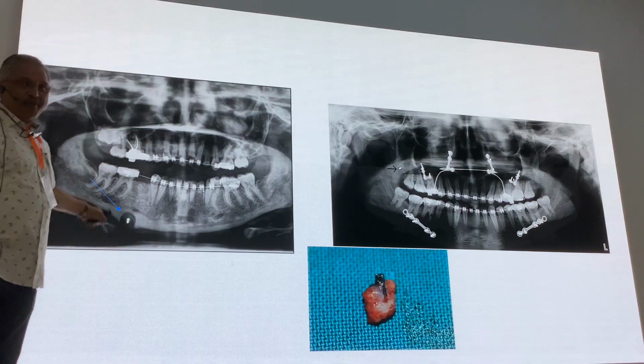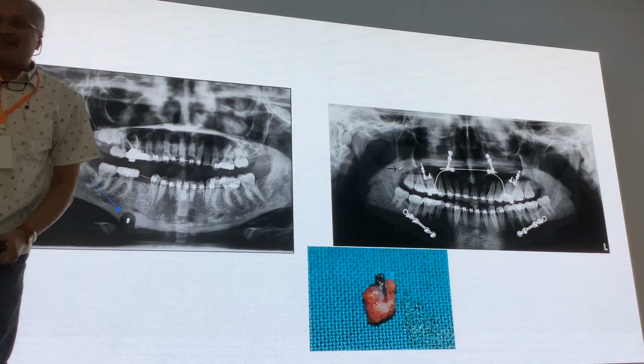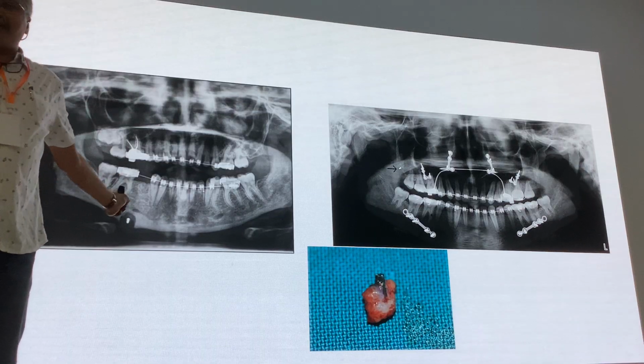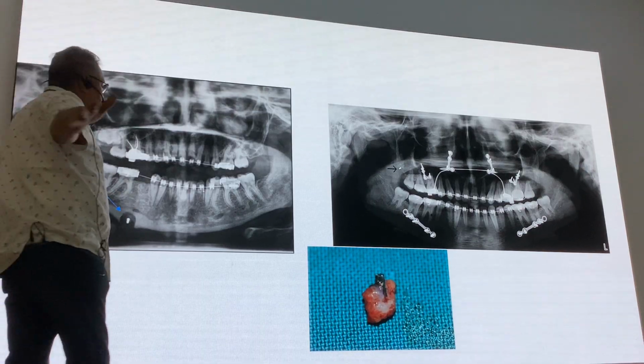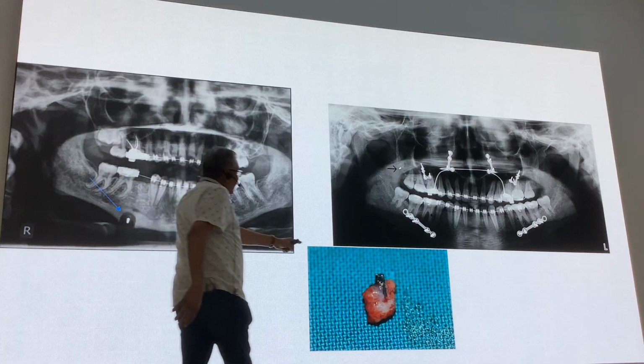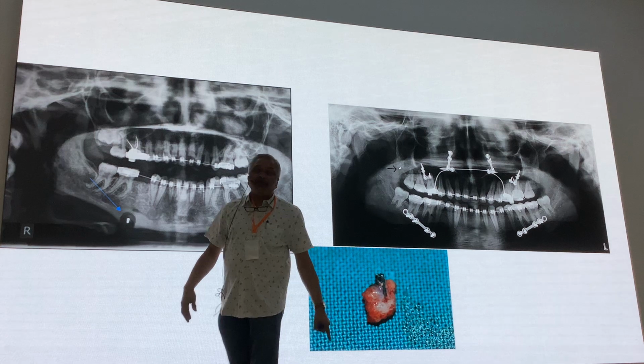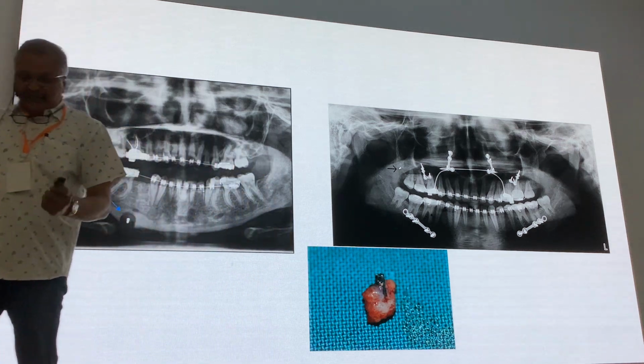And you see the loss of bone there? So a foreign body, sometimes we leave a drill bit inside. This can lead to it. It's published in the International Journal of Maxillofacial Surgery. And we had to remove this piece of bone completely, sequestrated bone. So these are all very rare complications that you could encounter.